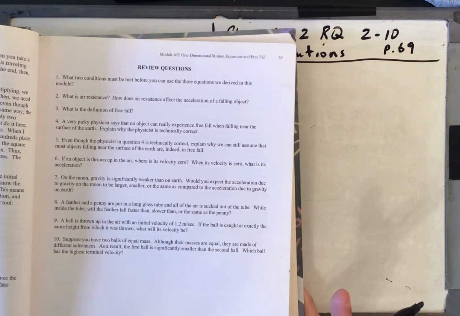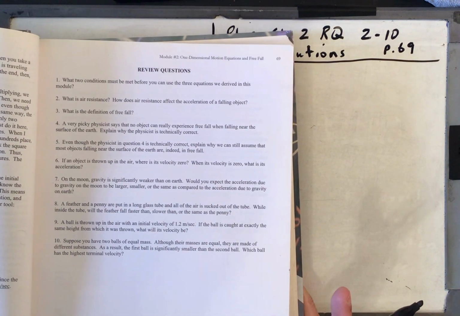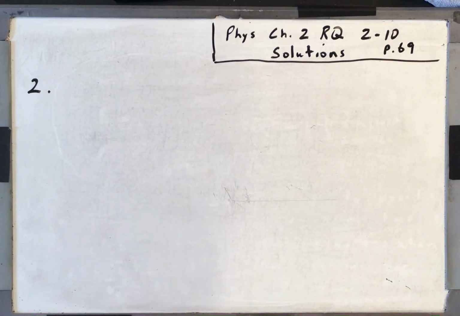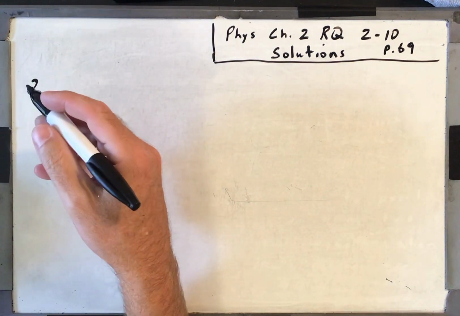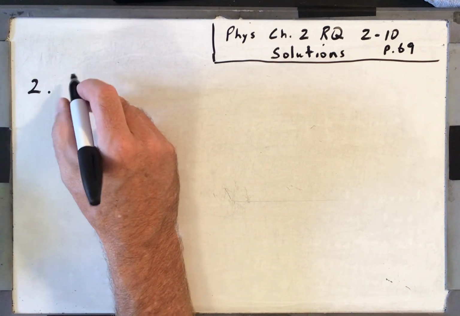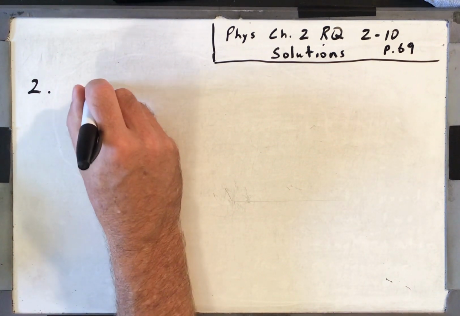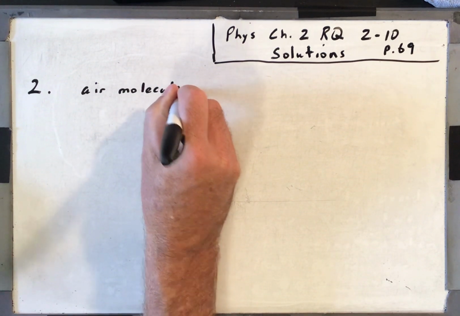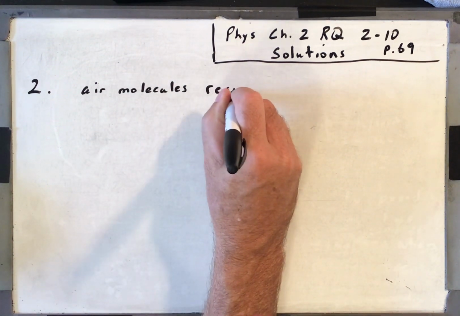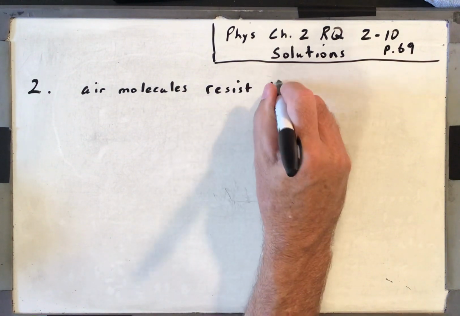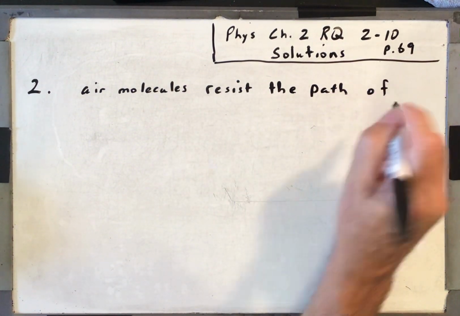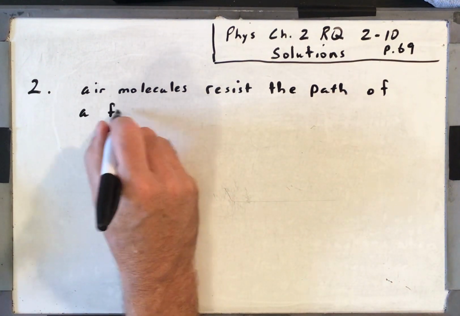Number 2 says, what is air resistance and how does air resistance affect the acceleration of a falling object? All right, air resistance is just when air molecules resist the path of a falling object.